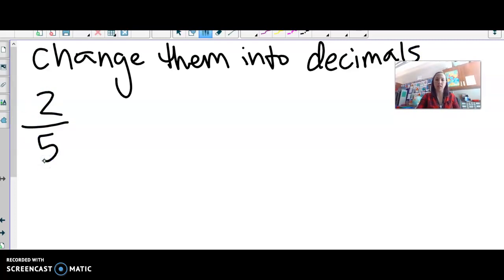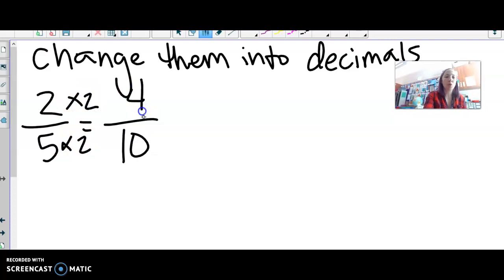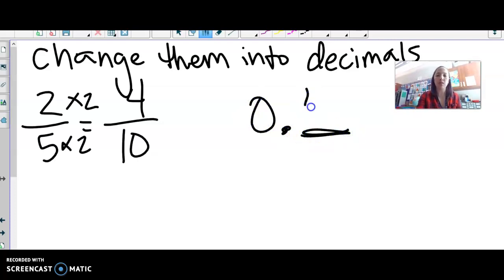How would I write that as a decimal? Well, we always want our denominator to be 10, 100, 1,000, something like that, because those are our places for our decimals. So if I change it into tenths, I just say times 2 and times 2. Well, 2/5 equals 4/10. And I know in my decimals that this is the tenths place, so it's like 4/10.